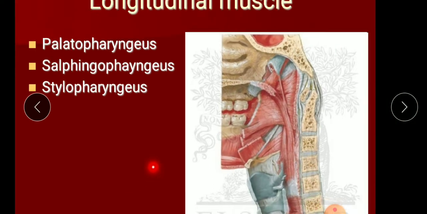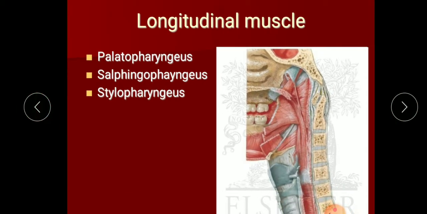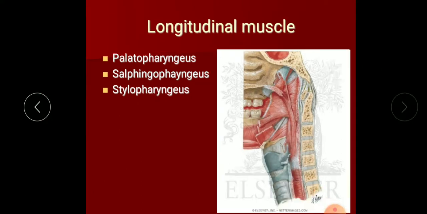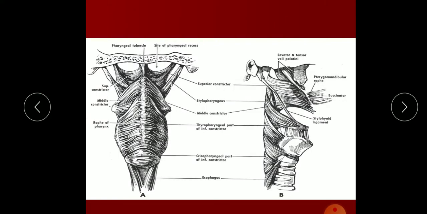So these two muscles we have discussed: one is palatopharyngeus and second one is salpingopharyngeus. Where have you heard the third muscle, stylopharyngeus? Just remember that it was that muscle which was passing in the gap between which two? Superior constrictor and middle constrictor. So now we have finished three longitudinal muscles.